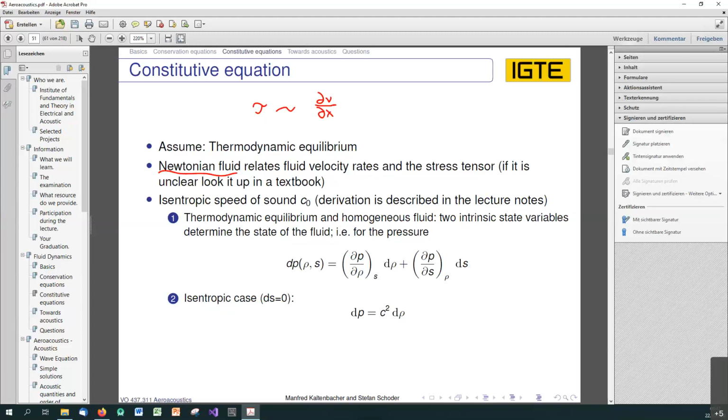Just imagine that we have a kind of shear stress, and it's connected to the velocity gradient by just a scalar coefficient, which is the viscosity. And that's basically the concept of the Newtonian fluid.